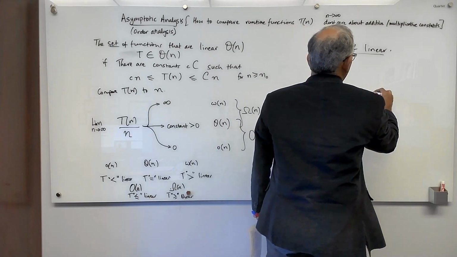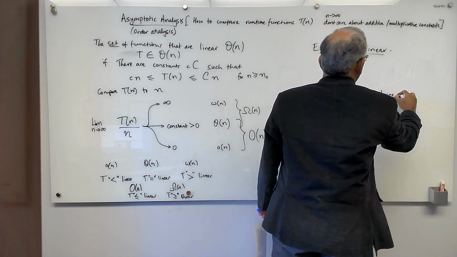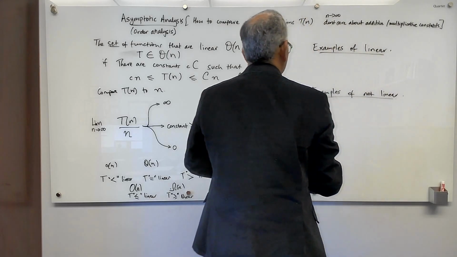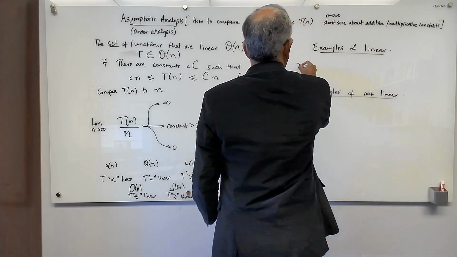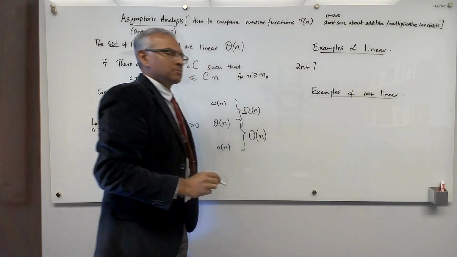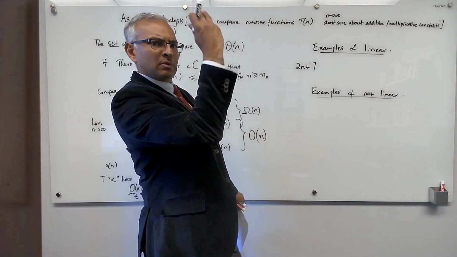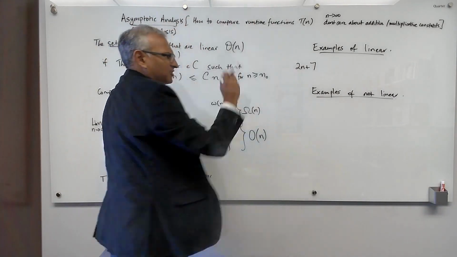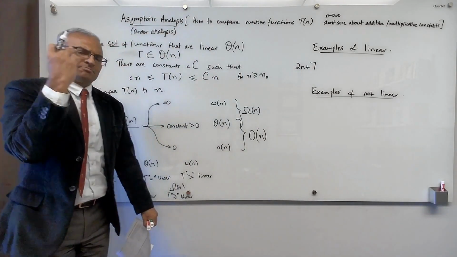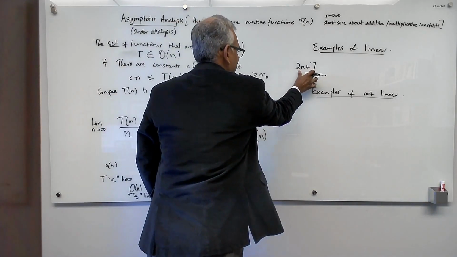So, examples of linear. 2n plus 7. That's the classic linear function. And when we were in high school, we said, oh yeah, that's a linear function. It's got a slope and an intercept. Classic linear.